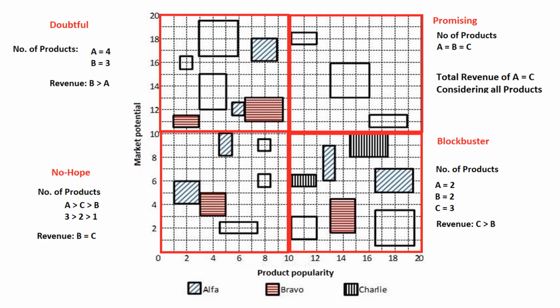Now let us look at the blockbuster category. In this, the number of products of A, B and C are 2, 2, 3 respectively and revenue of C is greater than B. Now in this blockbuster category, we will calculate the area of each box by assuming that each unit length is 1 unit.